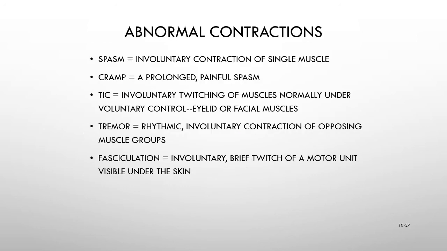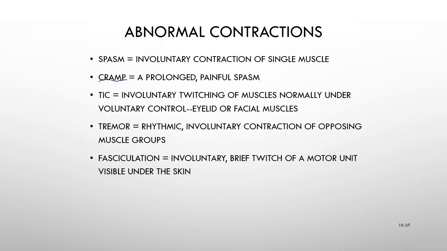In addition to having diseases of the muscles, we can also have some things that occur at periodic times to the muscles as well. We can have a spasm, an involuntary contraction of a muscle itself, a contraction and then a relaxation. If that contraction stays, we end up with a cramp.